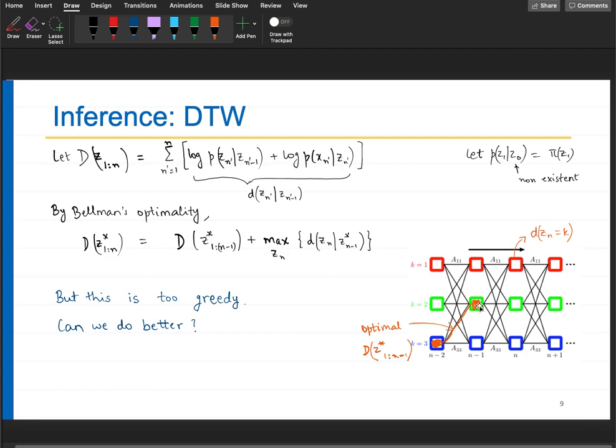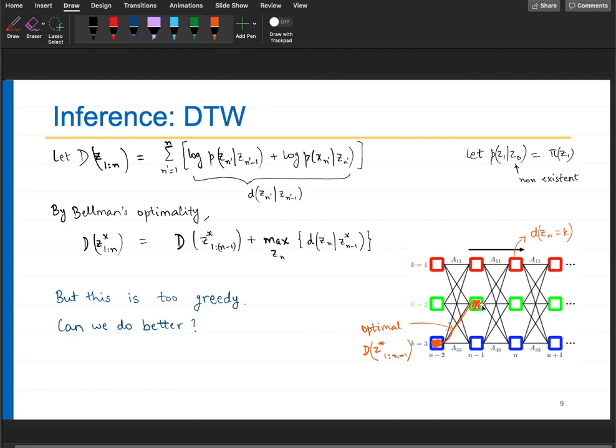But a little less greedy approach will be, okay, do not consider that this is the only value. Let us say I also know the best paths to reach this one, this one, as well as this one. And I have saved three values in my memory.